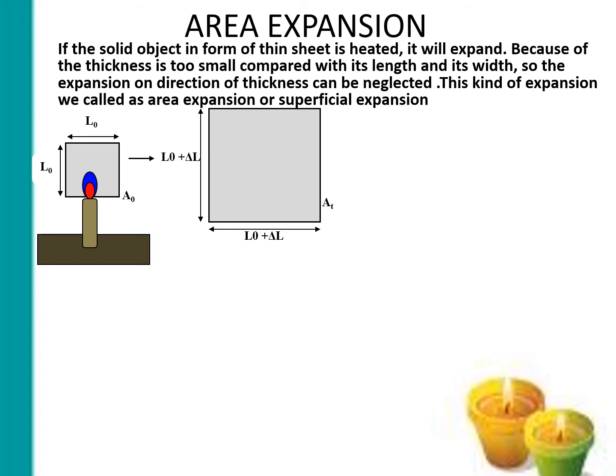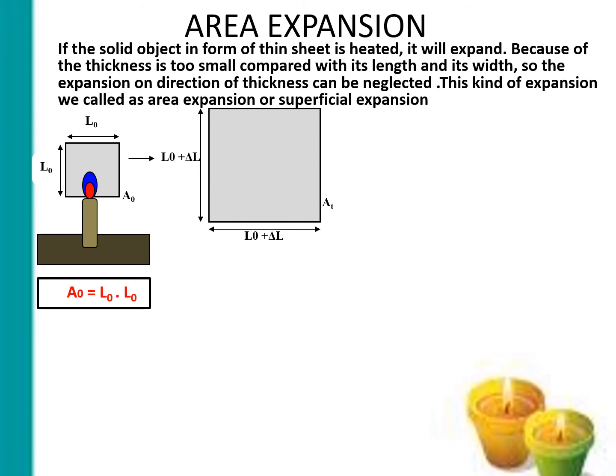From the figure, we can see that the metal plate has width L0 and length L0, and the initial area is A0. So initial area A0 equals L0 times L0.